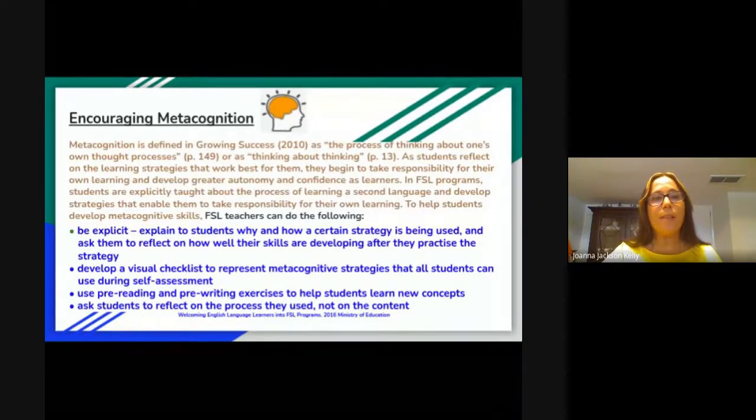To do this, be explicit, develop a visual checklist, use pre-reading and pre-writing exercises, and ask students to reflect on the process they used. You can also use a portfolio, conferences, give descriptive feedback, and the student and teacher can use assessment as and for learning to move the students forward in their learning journeys.